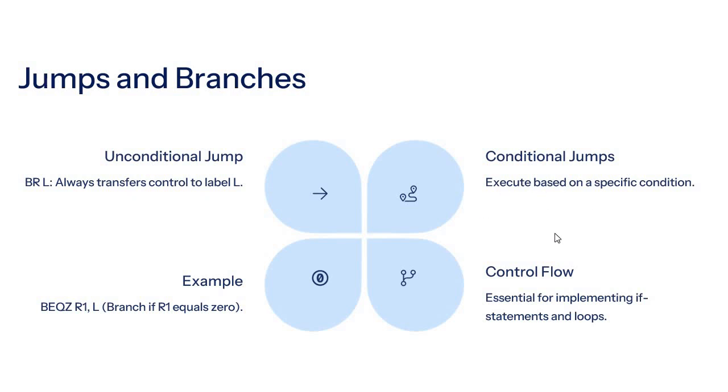For instance, BEQZ R1, L means if R1 equals 0, then jump to label L. Control flow is essential for implementing if statements and loops. So these are the building blocks for control structures like if statements, loops, and switch cases in high-level languages.